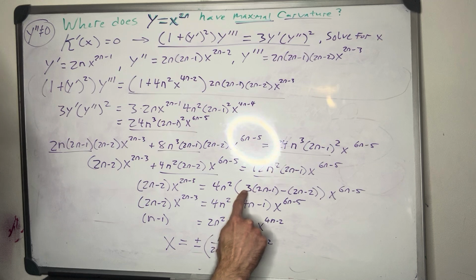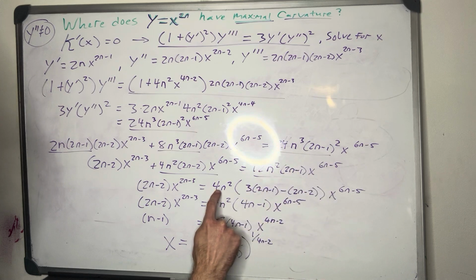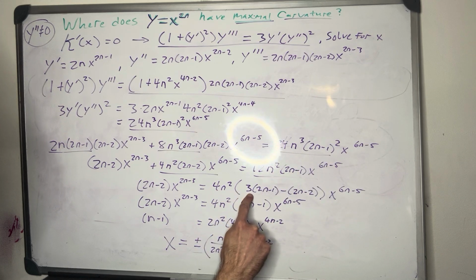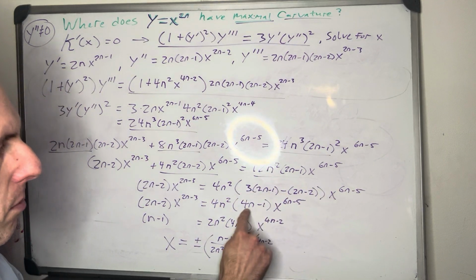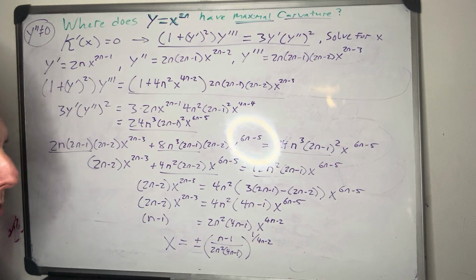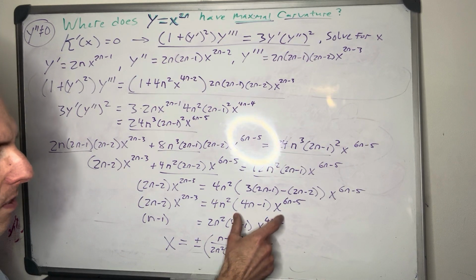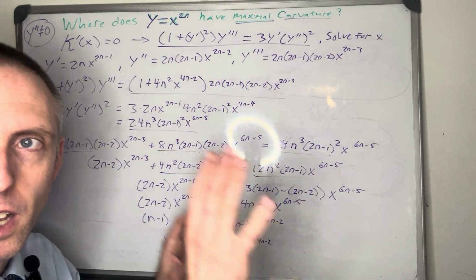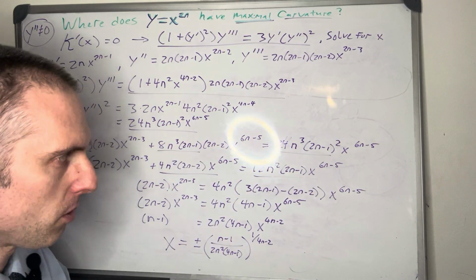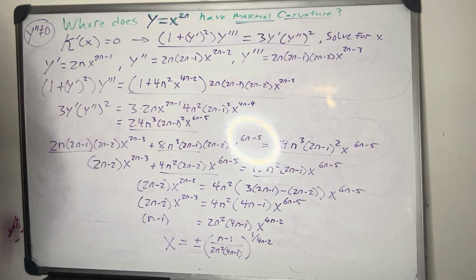What you have left from this part is 3 times 2n minus 1 after you factor out the 4n squared. When you simplify that, you get 4n minus 1. I'll leave the link for the actual document, so you can probably read it a little better than you can on the board here. But anyway, this is what it ends up being.